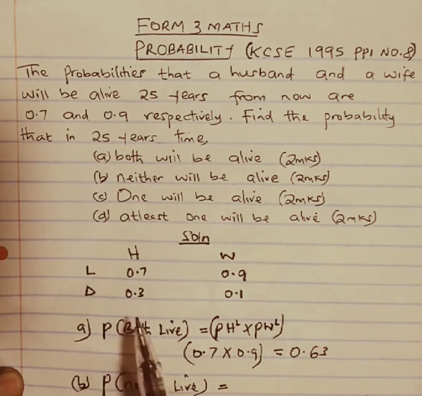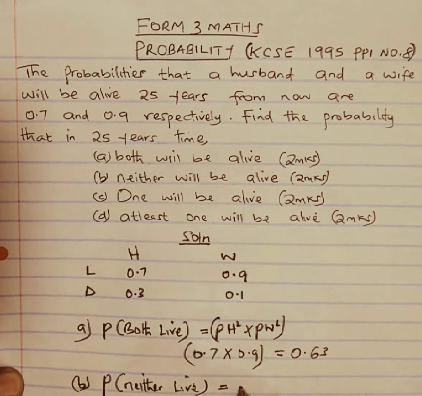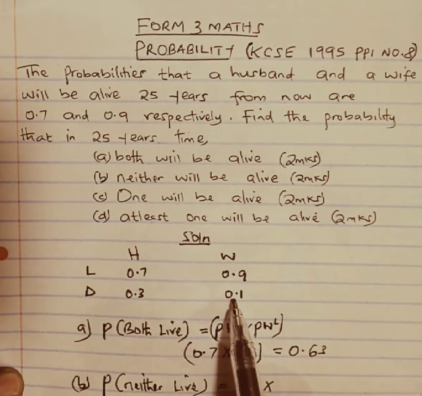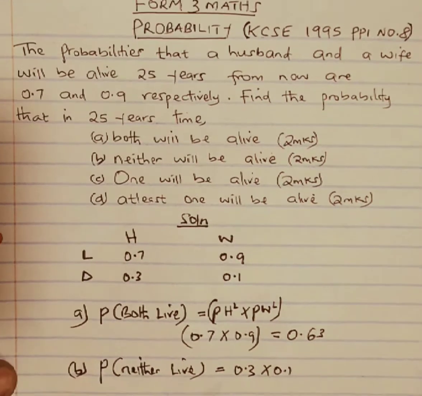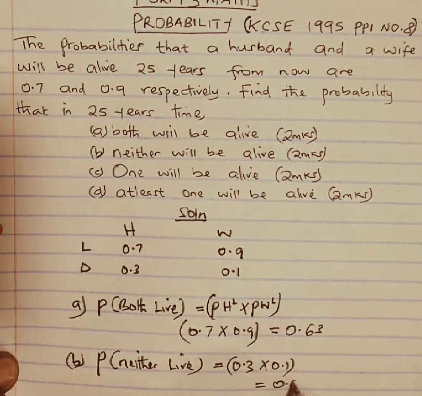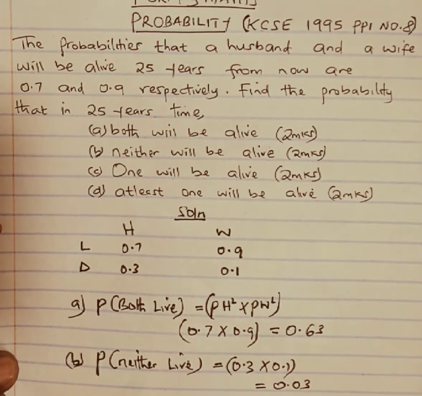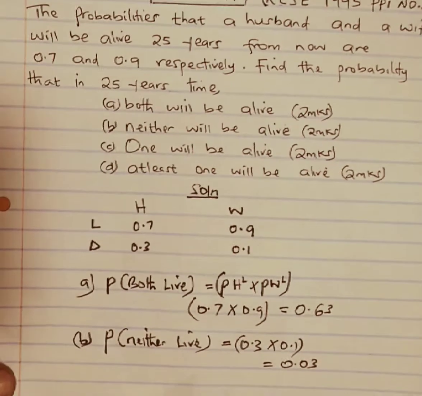So for us to get the probability of both dying, we take the probability of the husband dying, which is 0.3. We multiply with the probability of the wife dying, which is 0.1, for us to get 0.03 as the probability of both dying in the next 25 years.